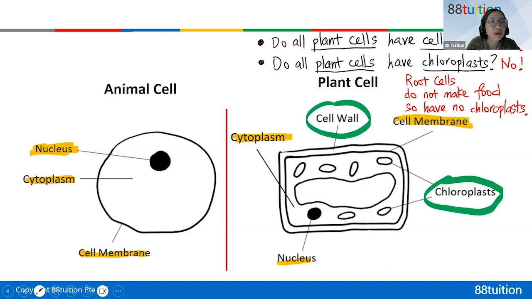And what does the chlorophyll do? It traps light. It need not be sunlight, it can be artificial light also. Plants can make food with artificial light, like your bedroom light. And why does the chlorophyll want to trap light? Is to make food.